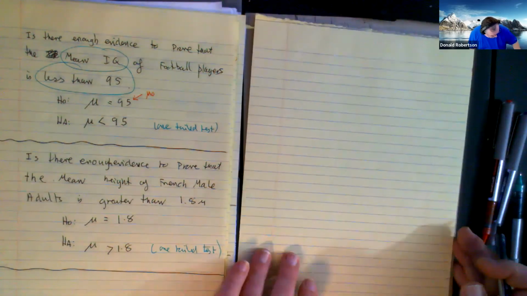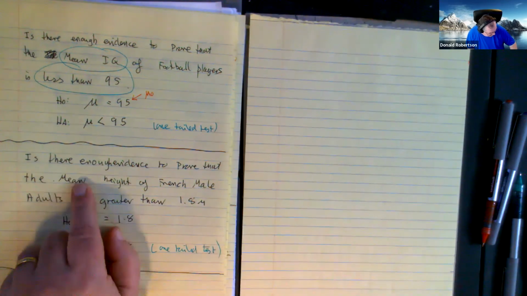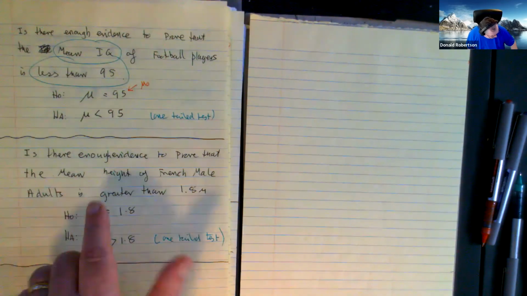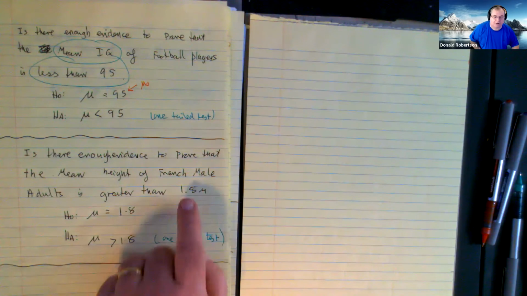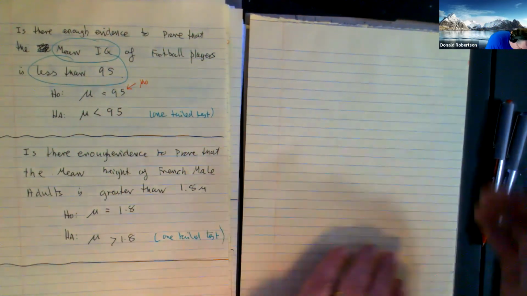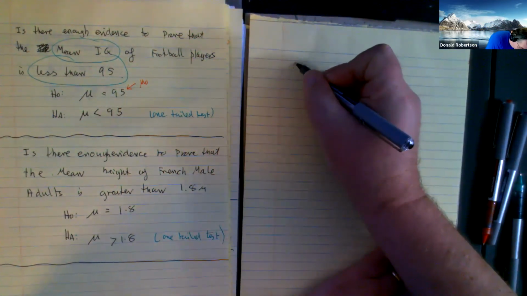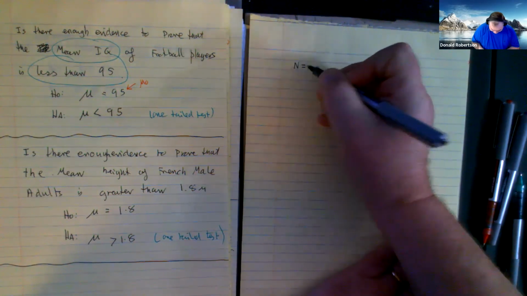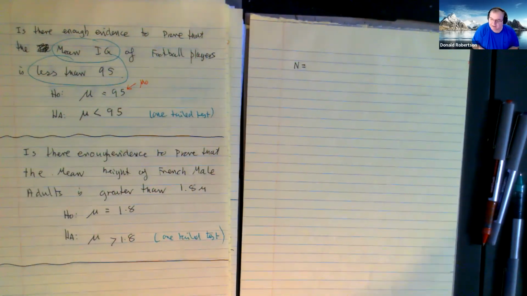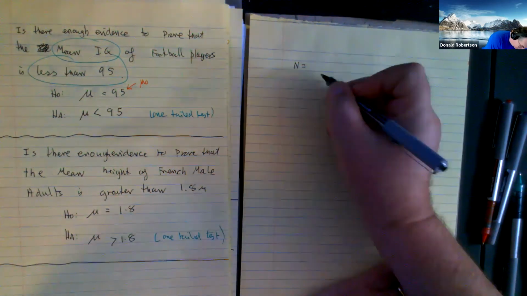Do this story then. We want to prove that the mean height of Frenchmen is more than 1.8 meters. So I get the government to pay me a large fee to do this research for them, and I go over to Paris for 6 weeks.